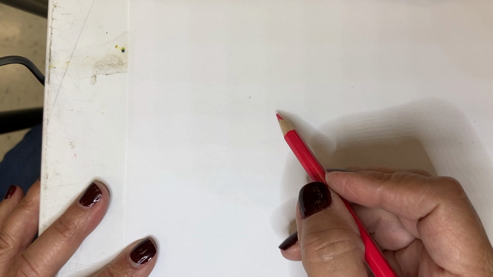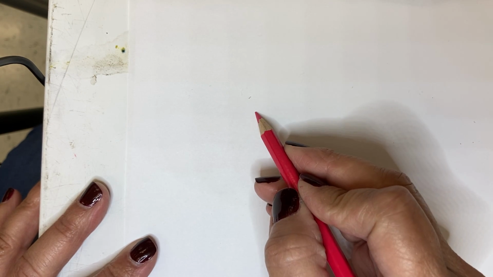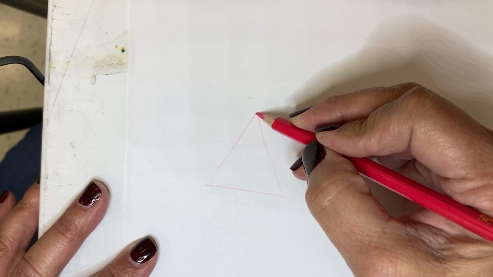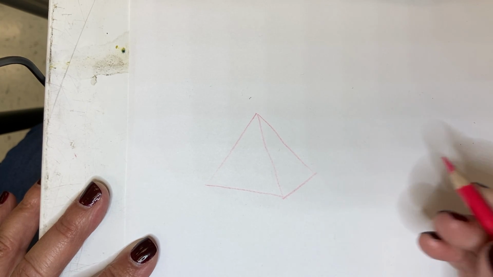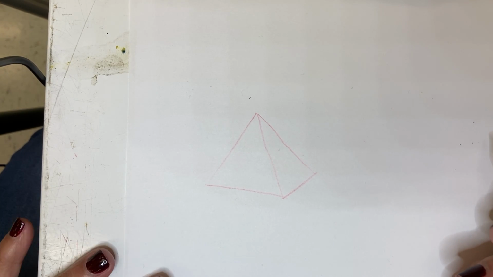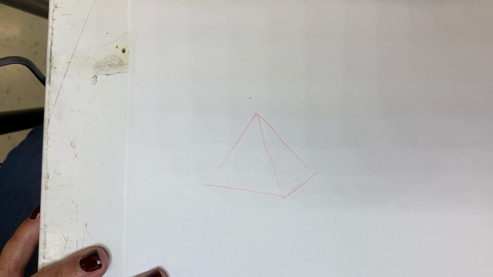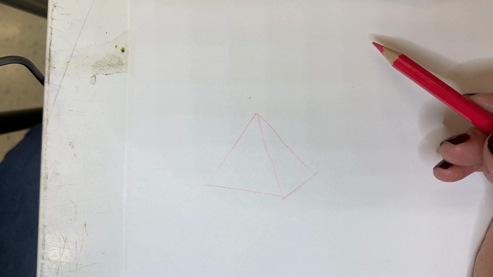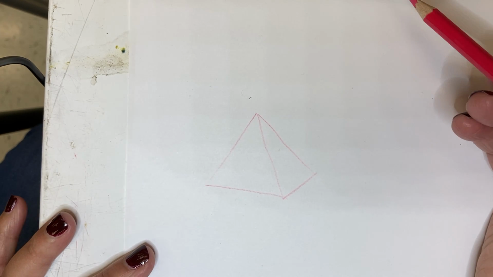And I'm going to pick a pretty standard color. I'll use red. Now, if we just draw a regular object, let's say a pyramid or a square or a rectangle, whatever the case might be. With black and white, you've been taught to basically, within a space, go light to dark.